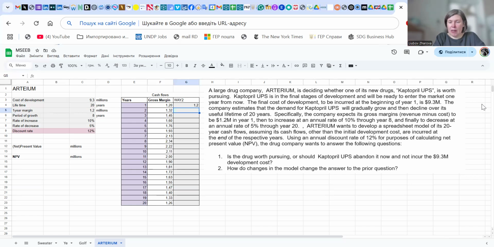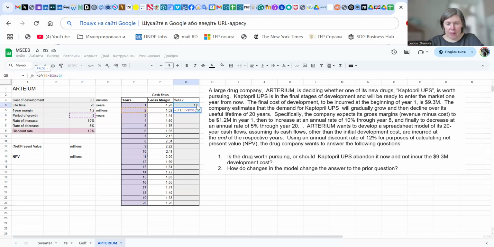That's why there is another formula that we can use. It allows us to use one formula to fill in all the cash flows, and that's the IF formula. So if our year here is greater than 8, the period during which we are going to grow, and here it's important to fix it, because that's a mistake I made several times, which is why I stress it over and over again.